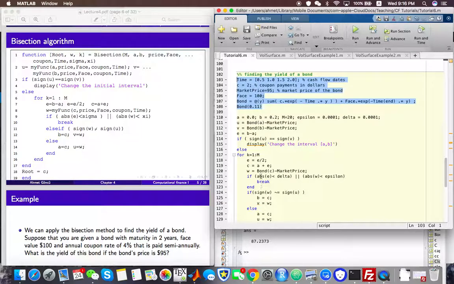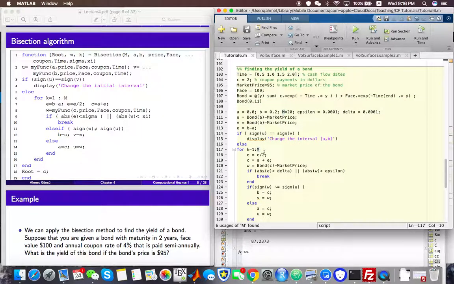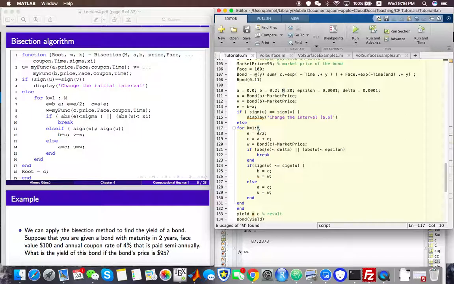If this is fine, then the next part is to implement the bisection algorithm. In order to do that, we can start with a relatively large interval for finding the possible yield value. You can make this interval larger or smaller depending on the initial sign that you get. If we get different signs from our function, that means there is a root in this interval.